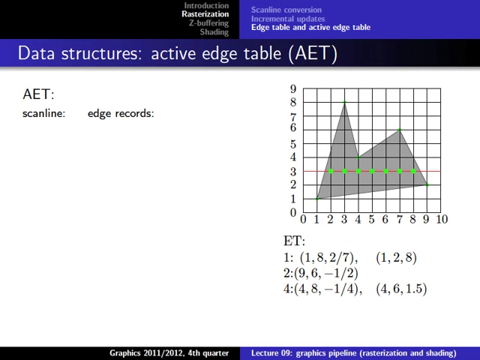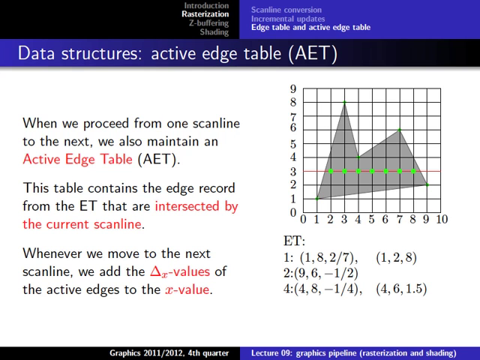So if we look at an example here, for example, we have the first entry, which is 1, 1, 8 to 7th, and 1 to 8. Now for the second scan line, if we move from that position to this one, we add, like we said here, the delta x to the x.